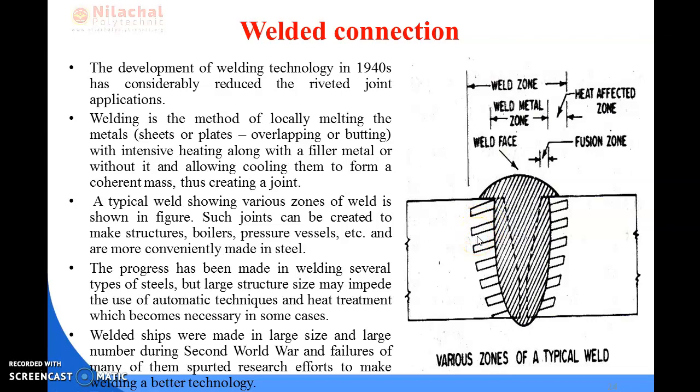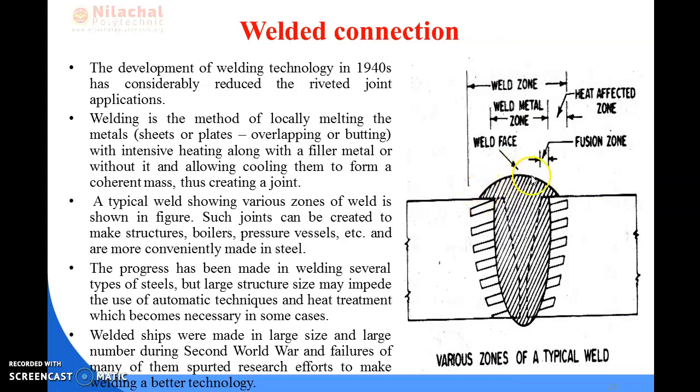That means while we provide a welded connection, we need the spray of heat by which we can merge the metal, which is in liquid form, into the two separate things to make it a single structure.